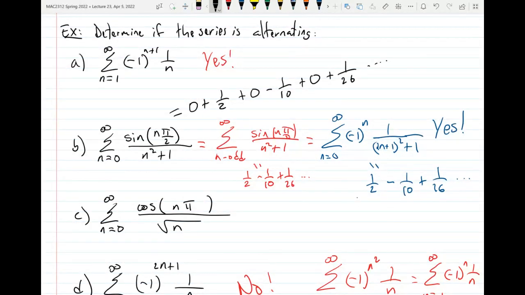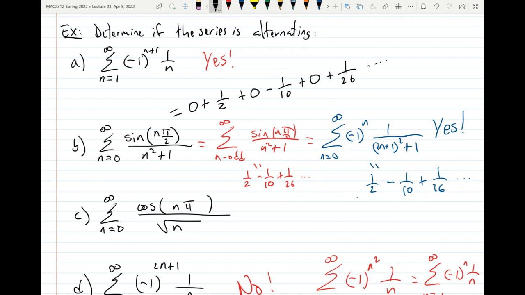How about C? Yes. It is alternating, right? Because when n is even, what do you get here? A multiple of 2 pi. And what's cosine of a multiple of 2 pi? 1. Positive 1. When n is odd, what do you have here? Negative 1. Because you have an odd multiple of pi, and cosine of pi is negative 1. So you will always end up at pi in the unit circle. Okay? Which is negative 1.